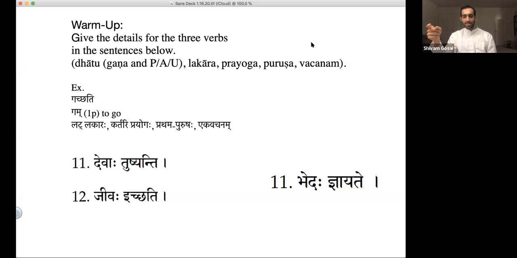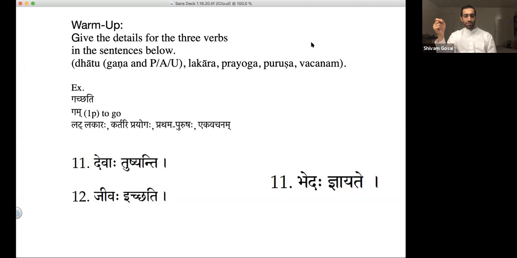E is parasmaipada, and all the a's are atmanepada. You can remember a for atmanepada. So we know this is the active voice. Devaha tushyanti: the devas please. They please something.